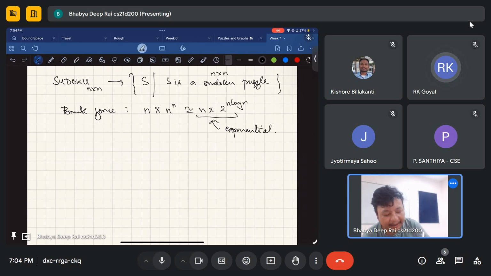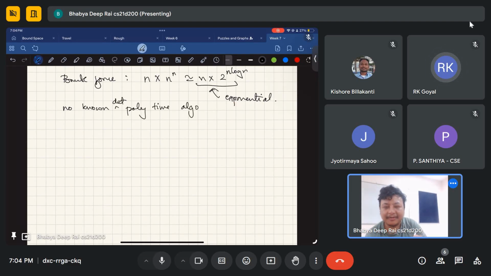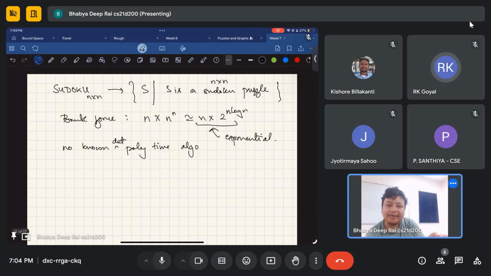Okay, and in fact, do we know better algorithms for this? Maybe, but we have not got better than exponential. That is for sure. Maybe you can shave off this log n part, but it has never gone down below exponential. So no known deterministic polynomial time algorithm. Okay, but now I ask you the same question.